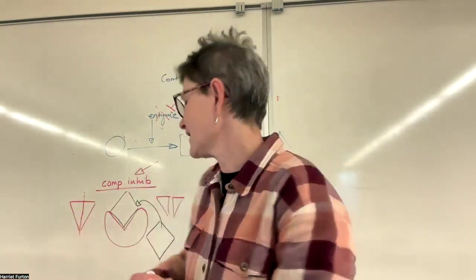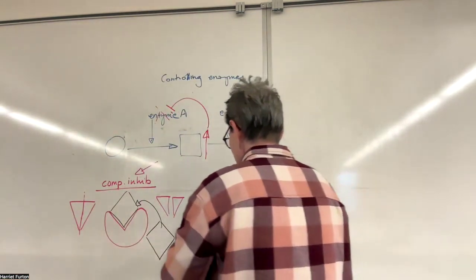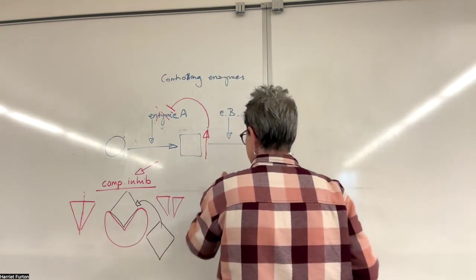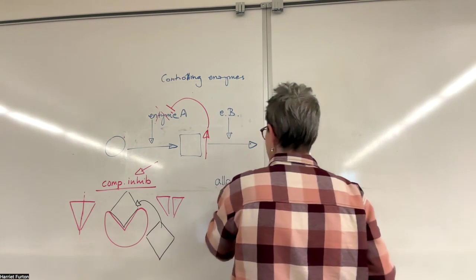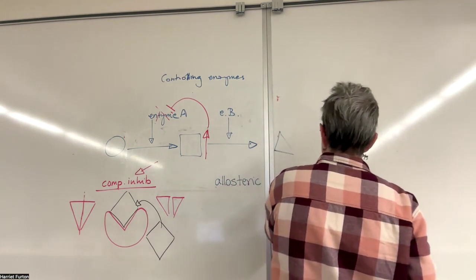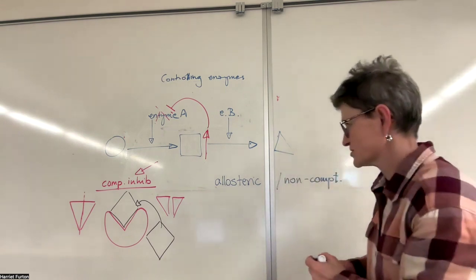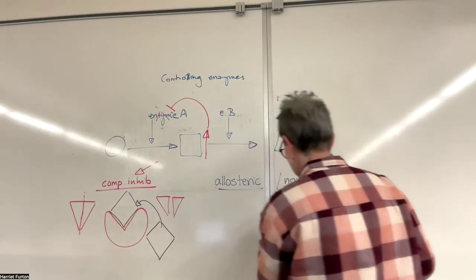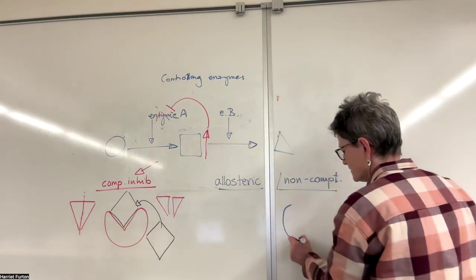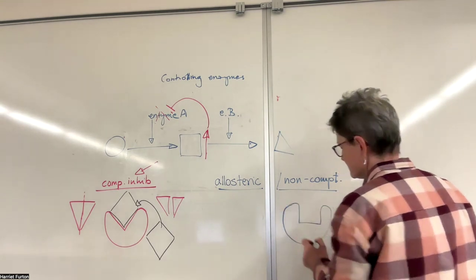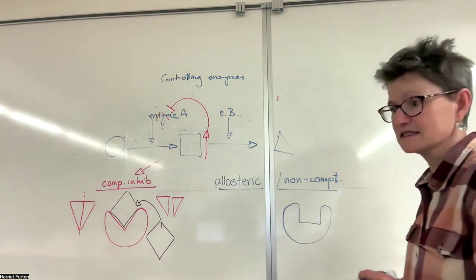But on the other hand, we have another inhibition, and it's called the allosteric / non-competitive inhibition. At this point, the enzyme, we can just do a different enzyme. Kind of the active site is like this.